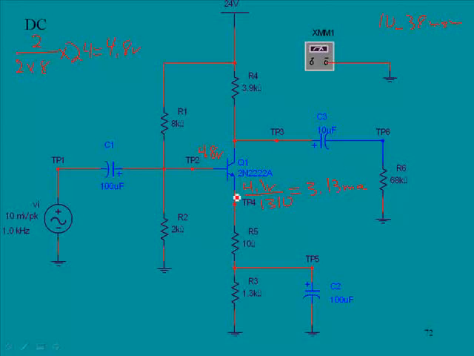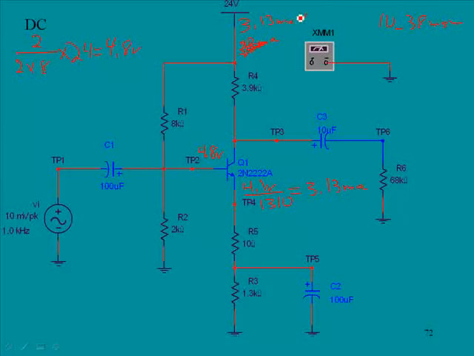And so that would be the DC current flowing through this part of the circuit. Now, recall that the current that is in the emitter flows into the collector. For practical purposes, IE equals IC, so we're just going to say that 3.13 milliamps is going to flow up through here.